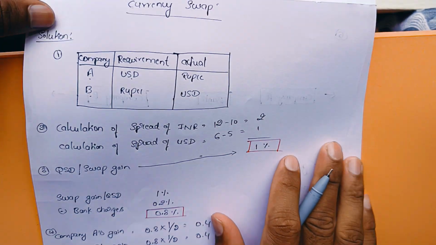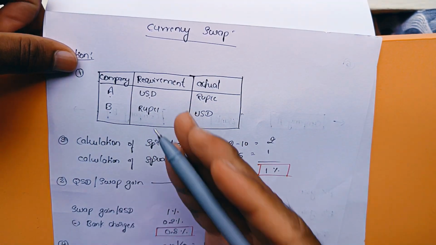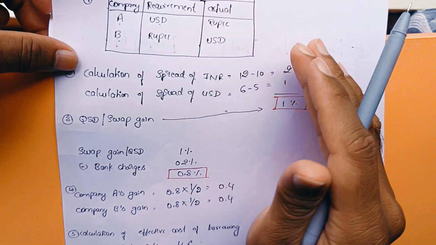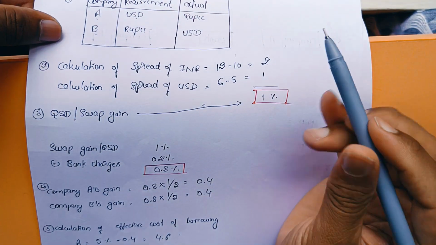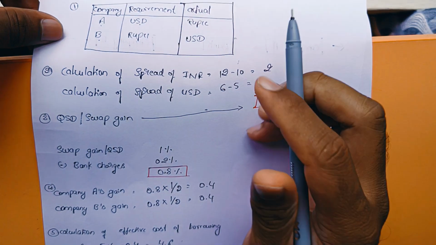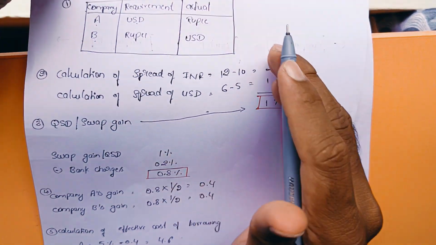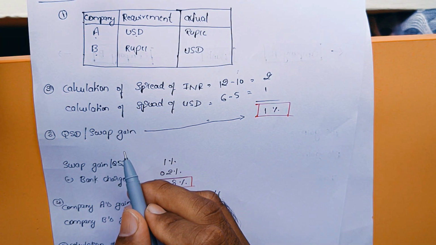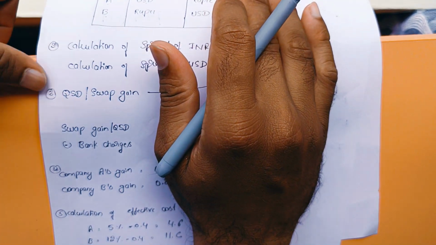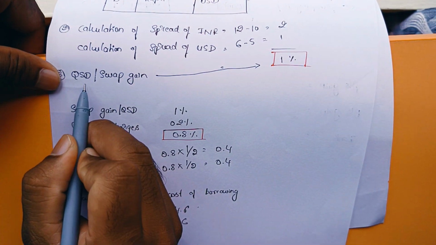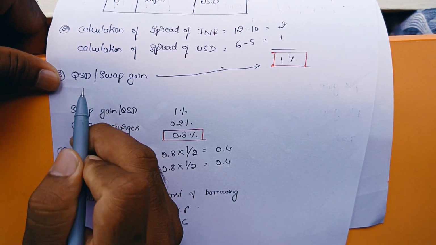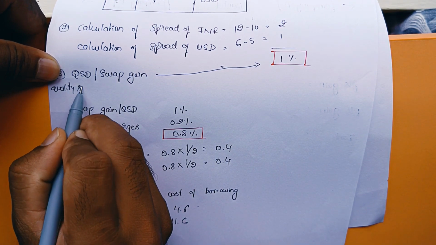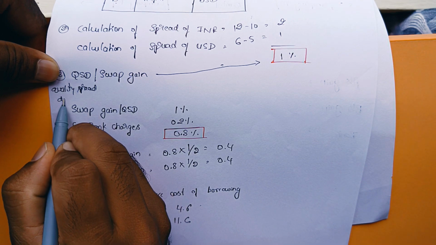First we want to make a table, then write whatever is given in the problem, what is the requirement, what they actually got, then calculate the spread of Indian rupee as well as USD. Later on, calculate the QSD, quality spread differential. Make a note, QSD is nothing but quality spread differential.